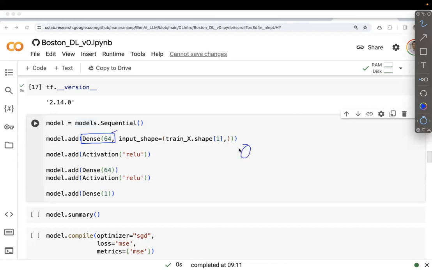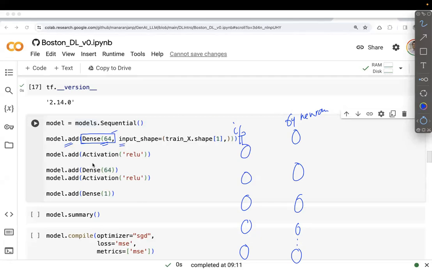So you have an input layer, and then we are adding a new hidden layer, which contains 64 neurons. When you add the first hidden layer, you have to specify how many inputs it will receive, so you have to give it the input shape.